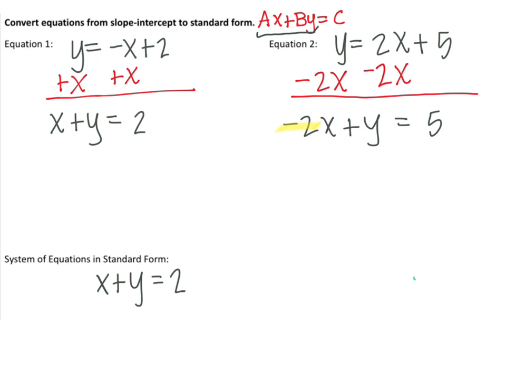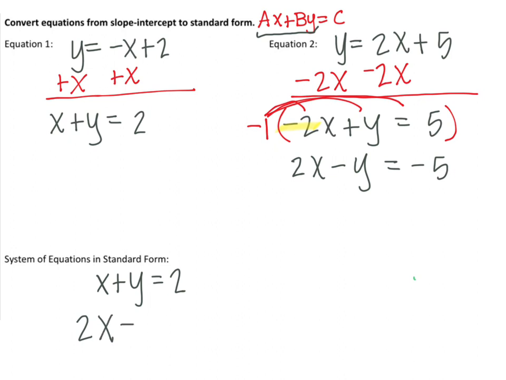So to remedy that, I need to multiply everything in my equation by negative 1, and this is going to change all of my signs. So it's going to be negative 1 times all of those numbers, and that's going to get me positive 2x minus y equals negative 5. And now that's my final answer. So I can come down and write 2x minus y equals negative 5.